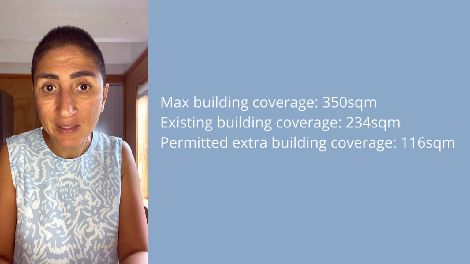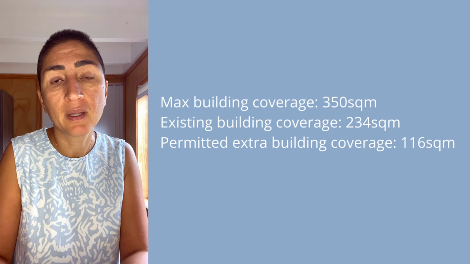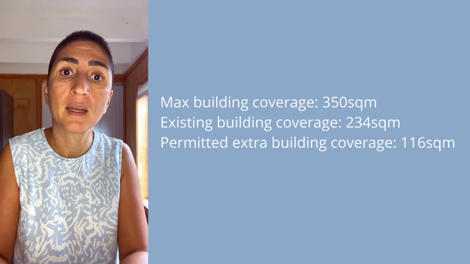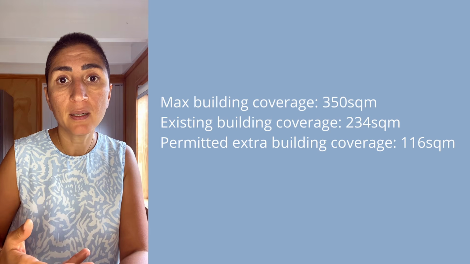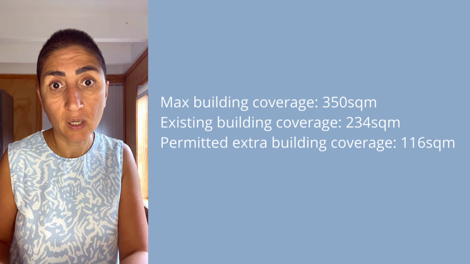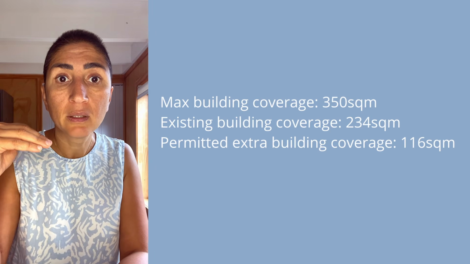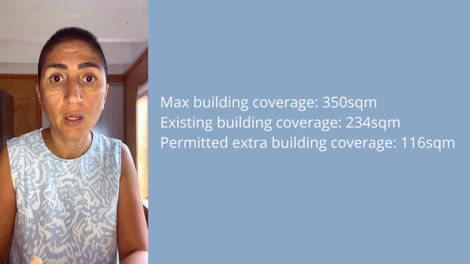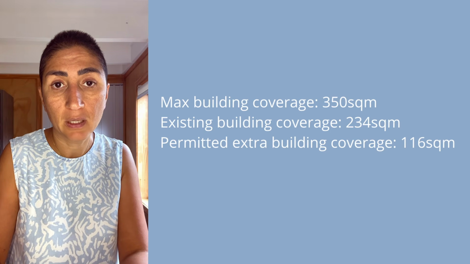It does not mean that we can build a building that is 116 square meter, but what it means is we can build as many buildings that are under 30 square meter until we reach the 116 square meter for the total footprint of these buildings together.